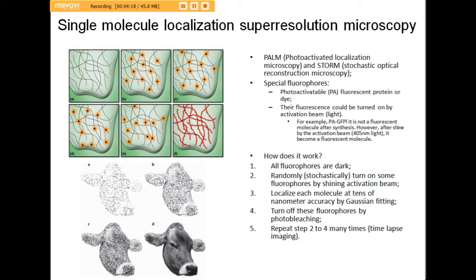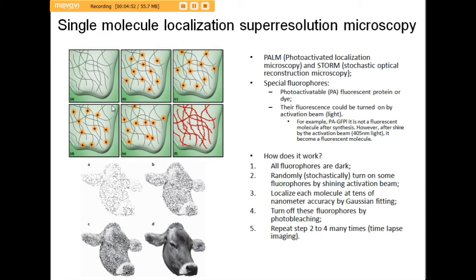However, if we shine an activation beam on PA-GFP, the activation beam is 405 nanometer, a purple or violet light. After shining this light, the PA-GFP will undergo some changes and become a fluorescent molecule. That means now if we shine the excitation light of GFP, emission light of GFP will be generated. So now let's look at how PALM works.